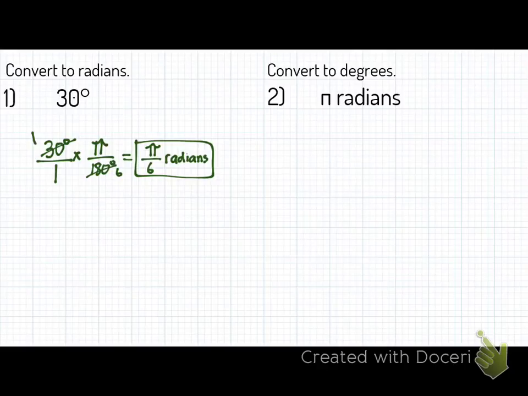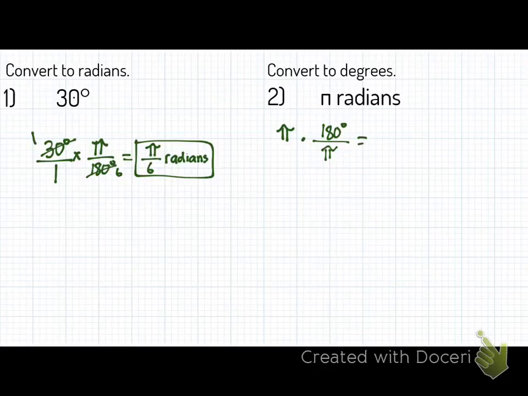If 1 revolution around the circle is 360 degrees, and that means 2 pi r around the whole circle, what would 1 pi r around the circle be? Yeah, halfway around the circle, right? Does that make sense? Okay, so we start with pi radians. We multiply times our 180 divided by pi.